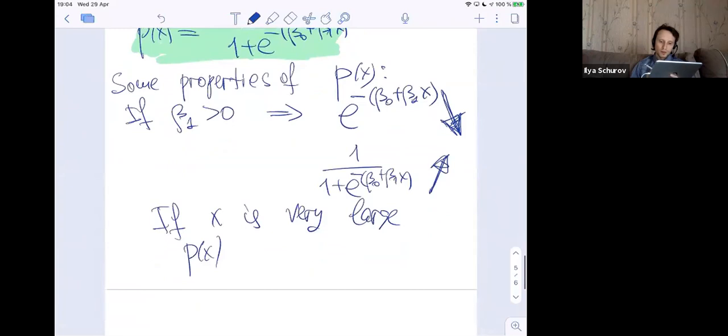For example, if I have something like 1 over 1 plus e to the power minus 5x.